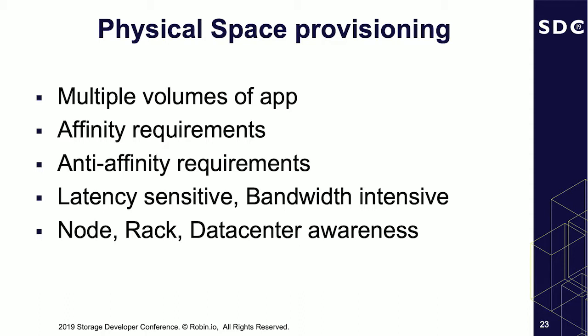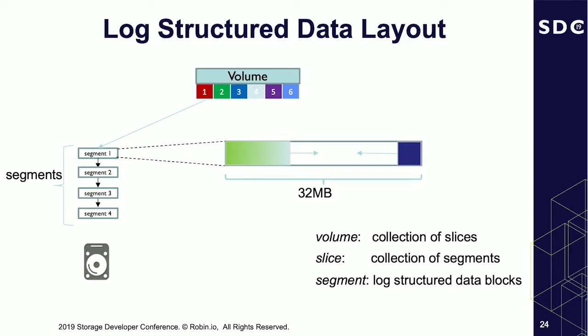Now let's look at how we provide the other lifecycle management operations like snapshots and clones, right? When Robin formats a device, we divide the device into fixed contiguous chunks called segments, right? Each of these segments is log structured. It writes data in a log structured format.